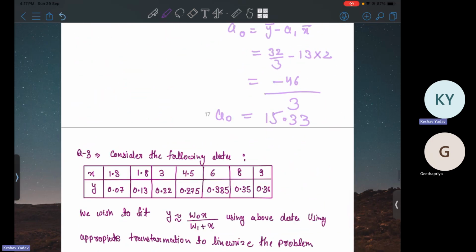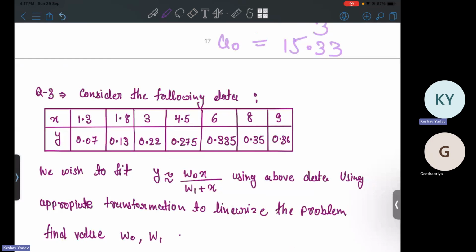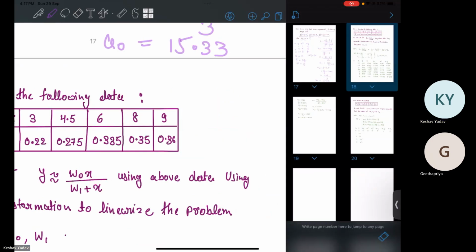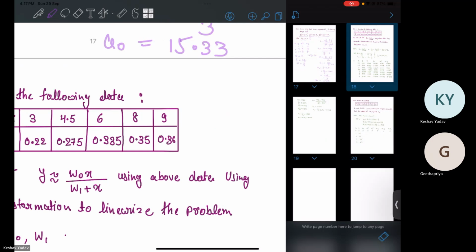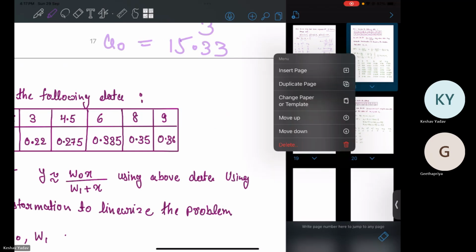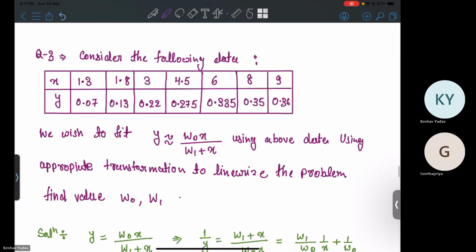Now we will move towards the next problem. So this is my problem. We need to consider this data, x and y are given.